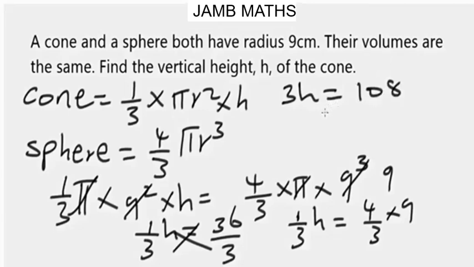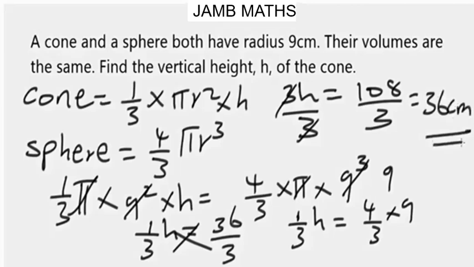Now to make h the subject formula, divide both sides by 3. So our h will be 108 divided by 3. When you punch it in a calculator, you're going to have 36 cm. So that will be the vertical height of the cone.